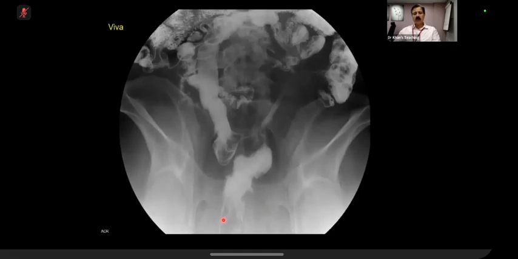Number two, sometimes we do prone films, and this is a known pitfall in the exam. They can show you follow-throughs, they can show you enemas where your anatomy changes and the cecum might be sitting on the other side. So beware that it might be a prone film. And so there is a stricture here, and then there are strictures and fistula formation.